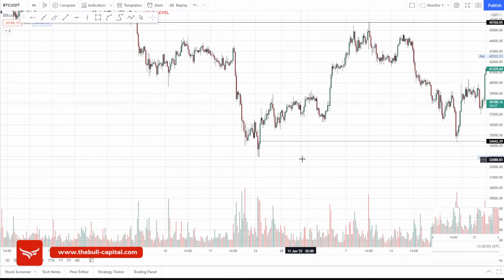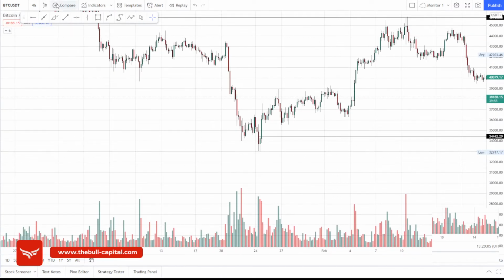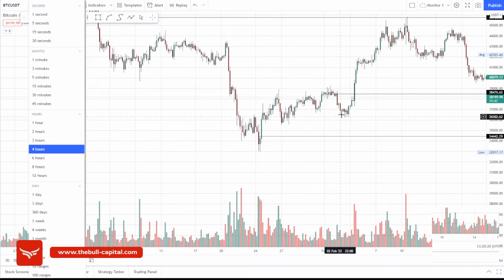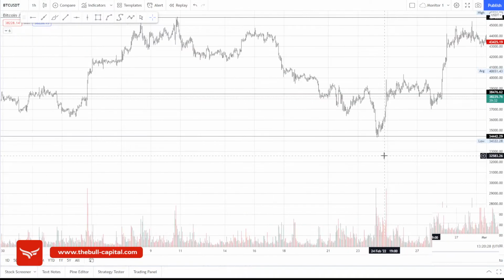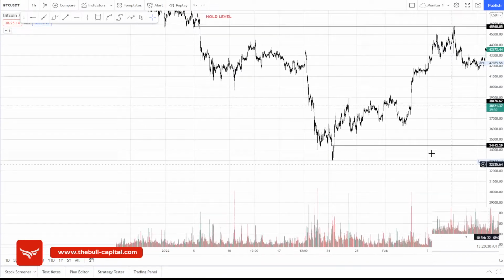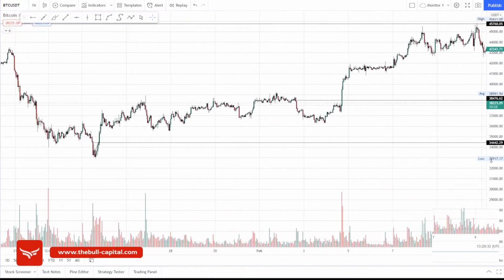I think we have one here, but we need to go on the lower time frame. Something is here, but I cannot really see exactly on the 4-hour time frame, so I must go lower. Okay, here it is.